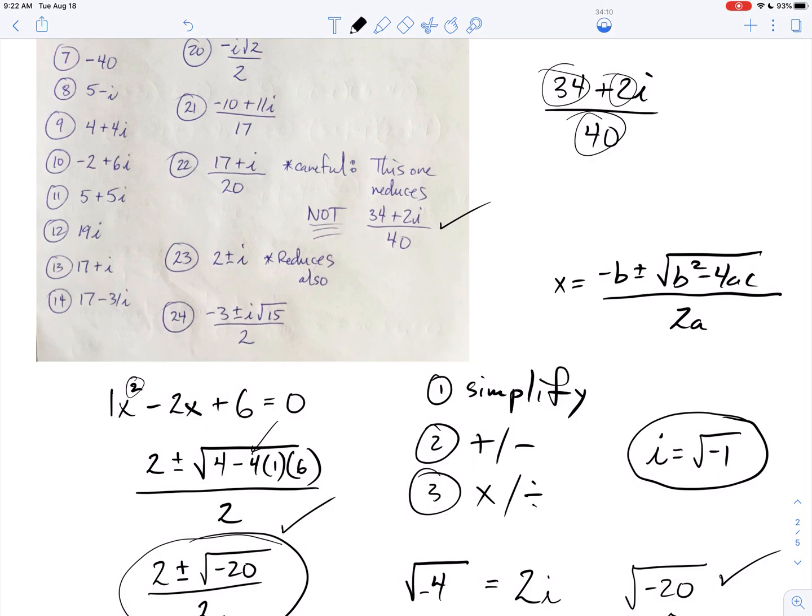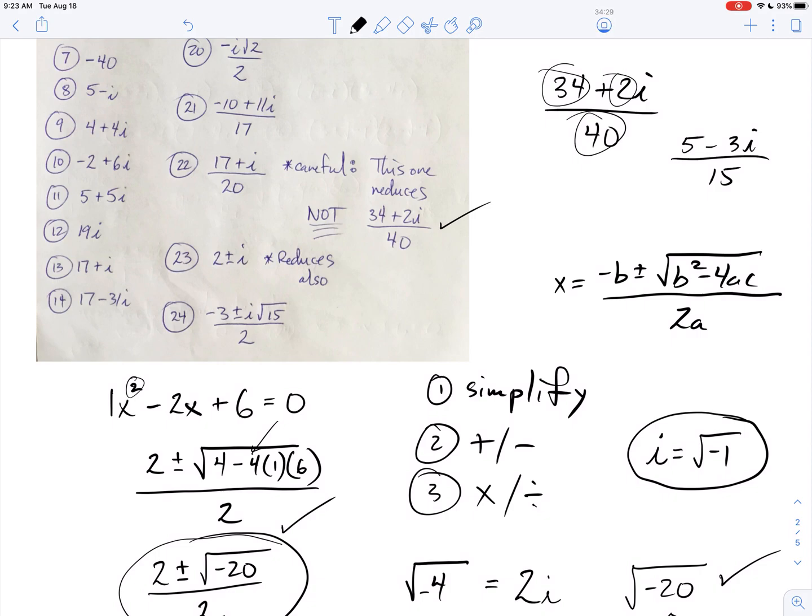Okay? Don't be tricked, though. Sometimes you see something like this. Hey, I did the math, and I got this for an answer. And you go, I'm going to reduce it. Well, I know that 3 goes into 15, 5 goes into 15, but 3 does not go into 5.